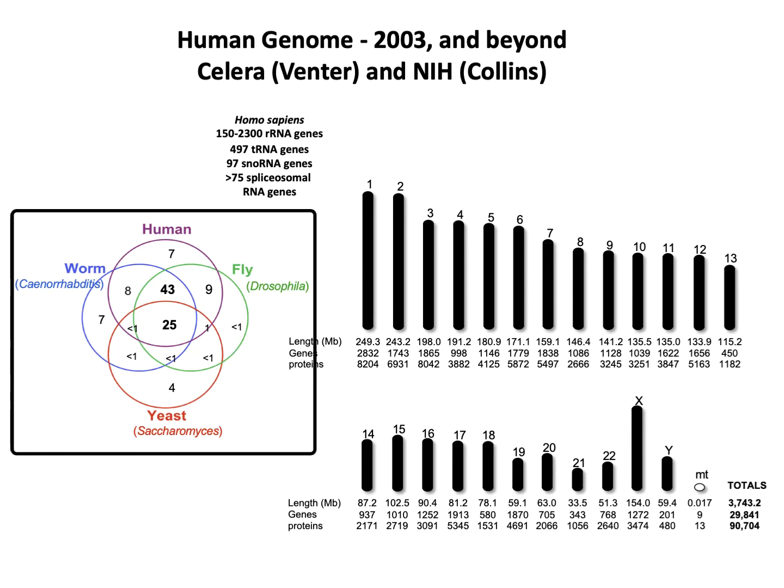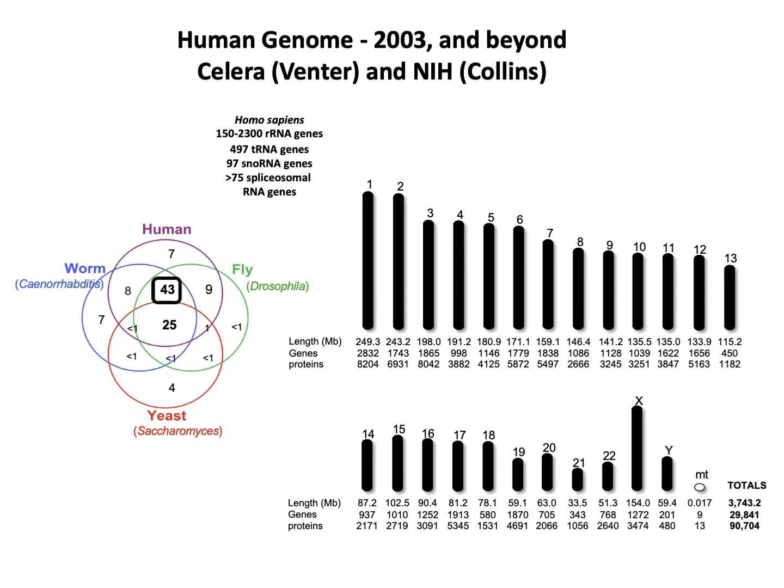You can see here in this Venn diagram the percentage of the genes that are in common with worm, a nematode, humans, and Drosophila, a fly. About 43% of the genes are in common, and if you look at all of the genes that are in common to both those animals and fungi, it amounts to nearly 70%, so a lot of genes are in common.